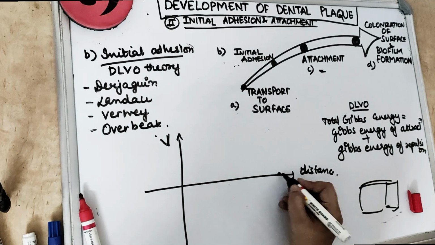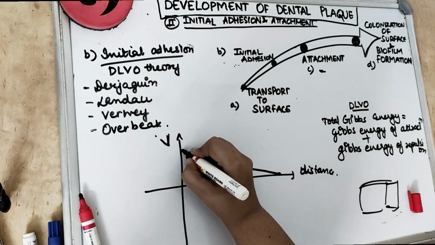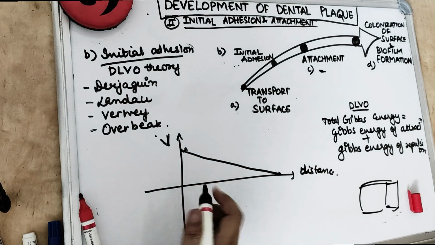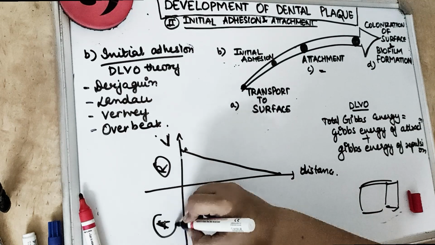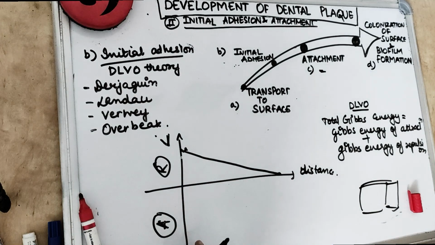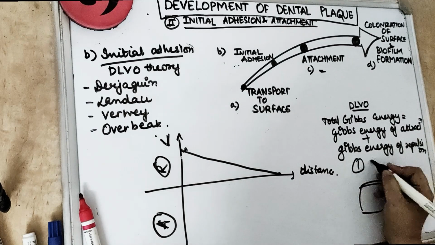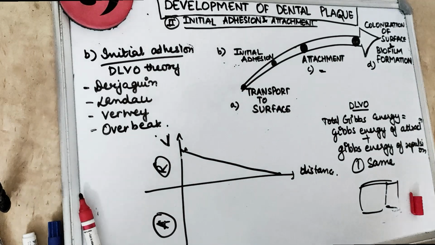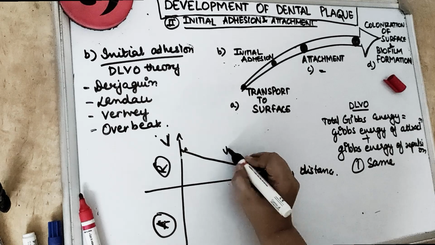So the distance between the two is going to increase, and there will be a potential difference of repulsion. This side is the repulsion side, and on this side we are going to draw the attraction side. When there are same particles, they are going to repel. Suppose there are two females, they are going to fight each other. So there will be a force of repulsion.